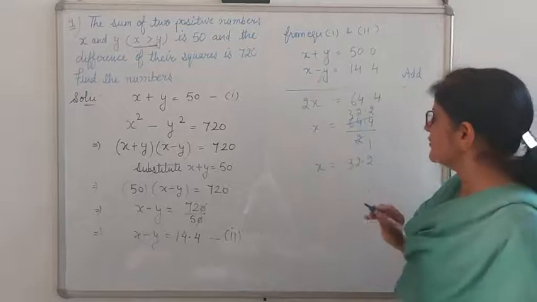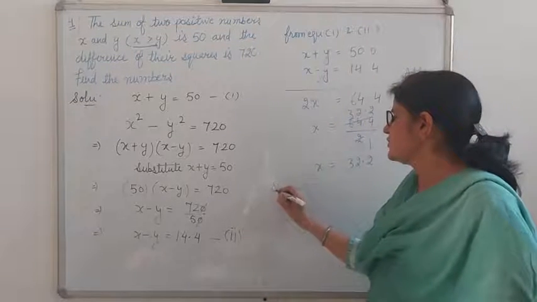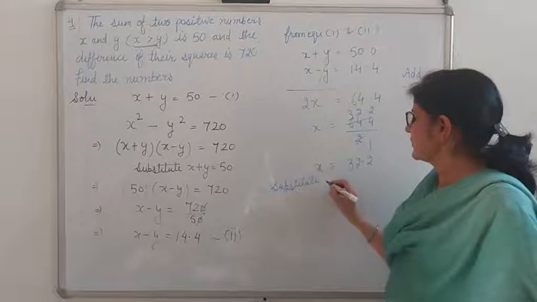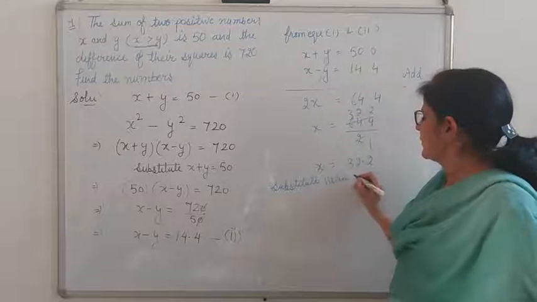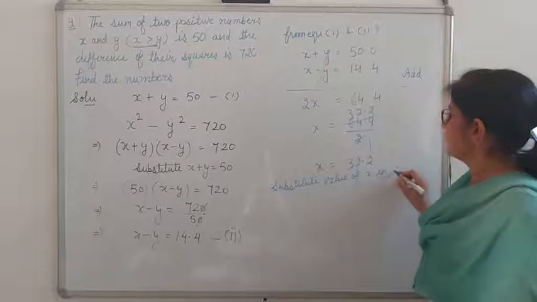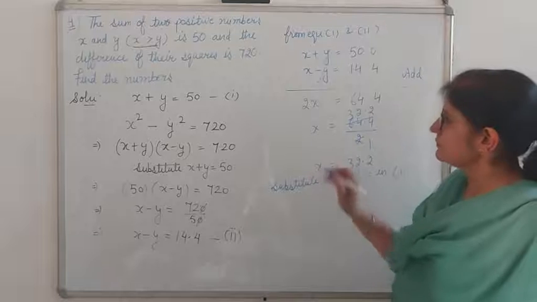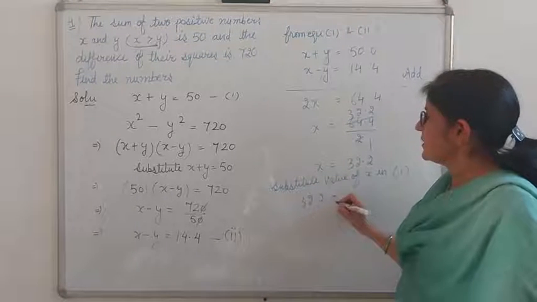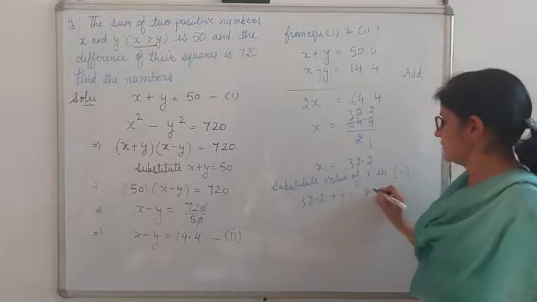So we substitute the value of x in the first: 32.2 plus y is 50.